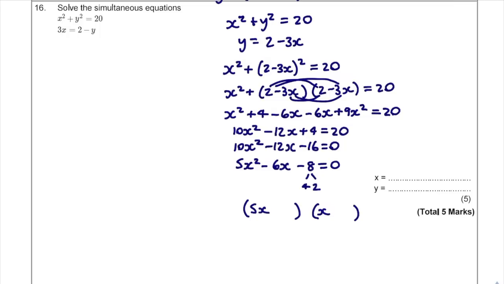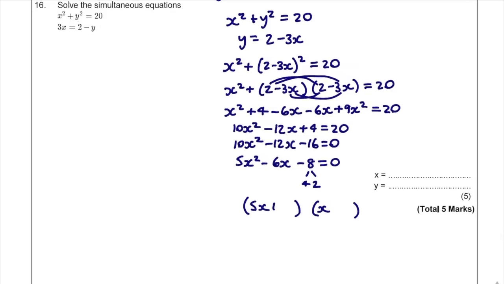We want to multiply the 2 by the 5 so that we get 10x. So if we make that minus 2, we're going to have minus 10x, and then we can add the 4x. That gives us minus 6x, and when we multiply the 4 by the minus 2, we get minus 8. So we can say that this is 5x plus 4, and this is x minus 2, and that all equals 0. Now if I solve this, I get x equals minus 4/5, or x equals 2.